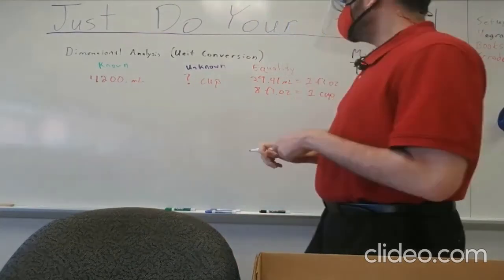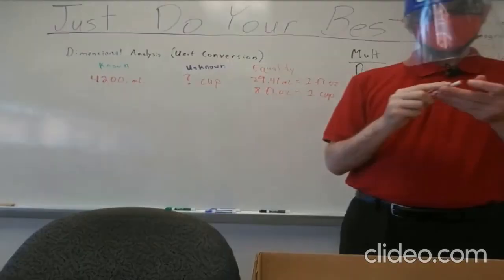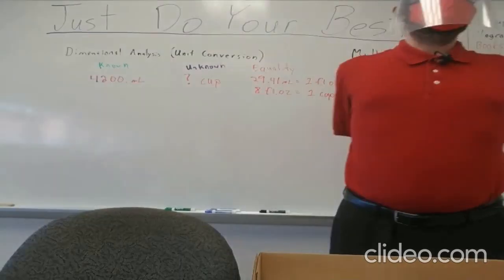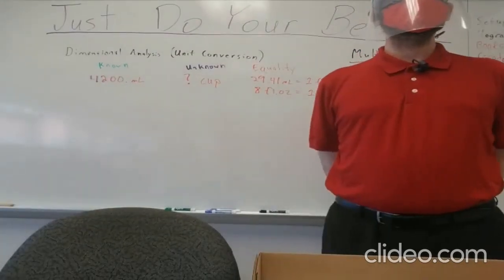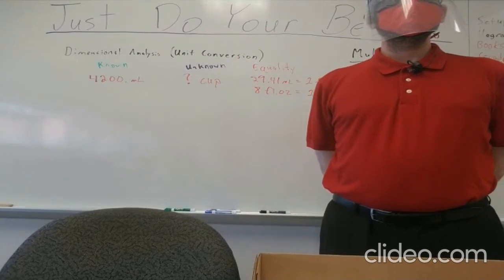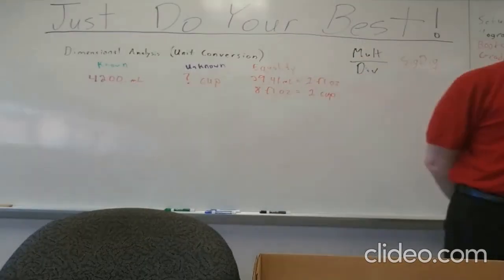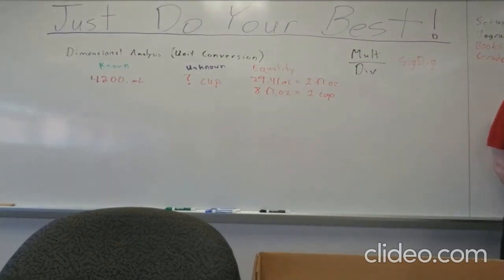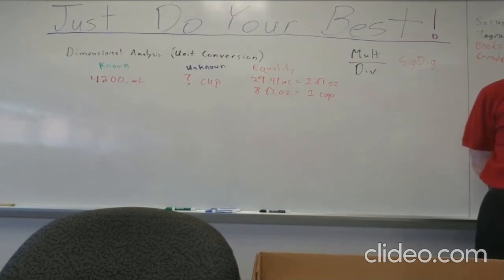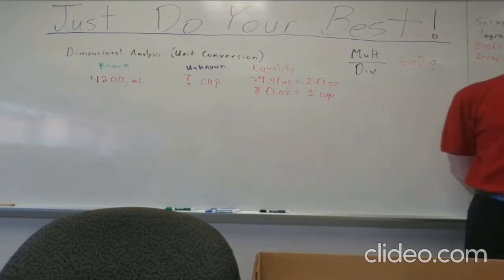So this should be a 2-stepper. Go for it. See if you can figure it out. No problem. 29.41 milliliters is equal to 1 fluid ounce. And 8 fluid ounces is equal to 1 cup.